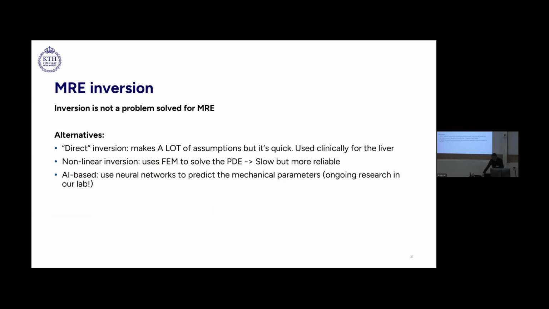Then inversion, which I said was the most important part, I would say, from MRE, to go from raw data to stiffness and viscosity. It's a difficult problem, and there are different alternatives. Most people use something that is called direct inversion, where you need to make a lot of assumptions to make it quick. It's actually used clinically for the liver, where we get estimation of stiffness and viscosity from the scanner directly using kind of the same method.